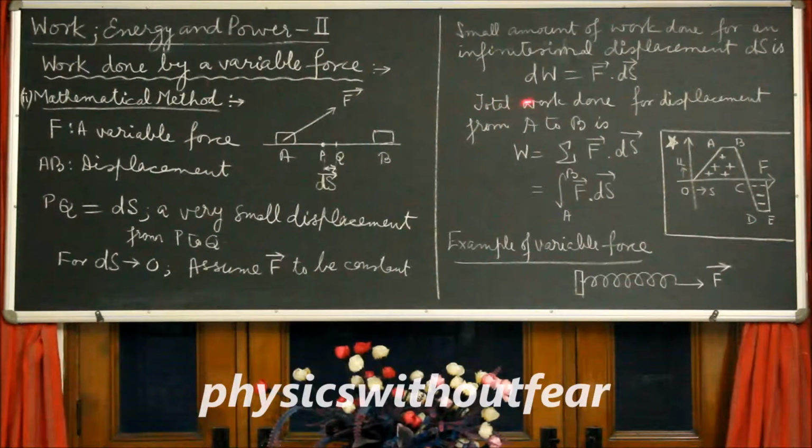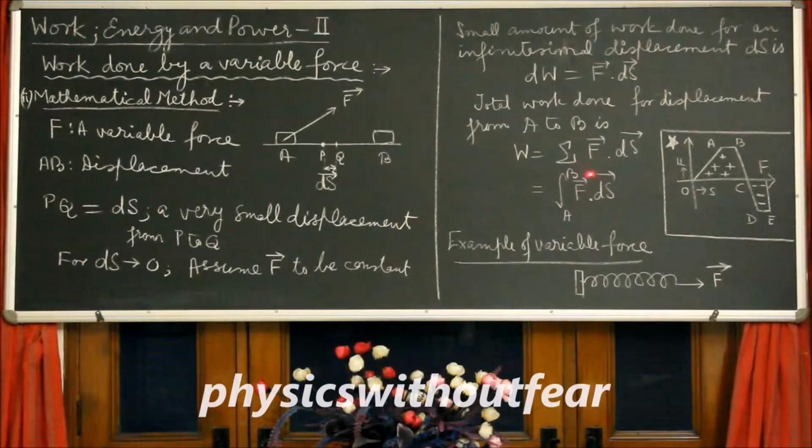So we have to calculate work over all such elements. PQ can be here, the next part, and so on. So the total work for the displacement from A to B will be the sum of these small amounts of work done over extremely small displacements ds.